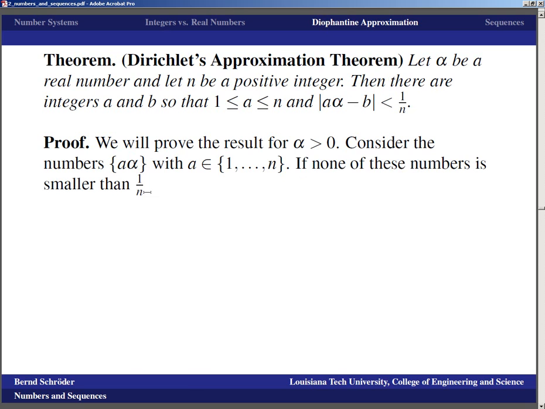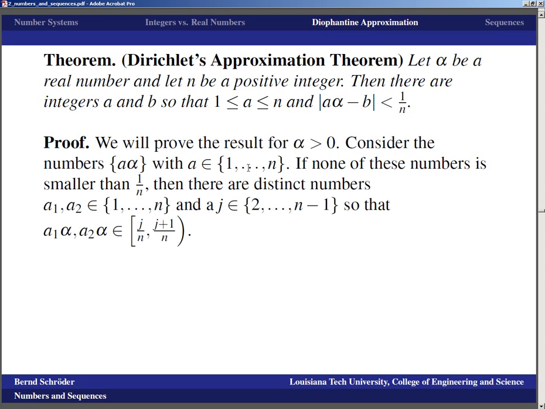Well, if none of these numbers is smaller than 1 over n, then we've got n numbers in boxes, right? The box from 0 to 1 over n, from 1 over n to 2 over n, from 2 over n to 3 over n, and so on, all the way to n minus 1 over n to n over n, which is 1.